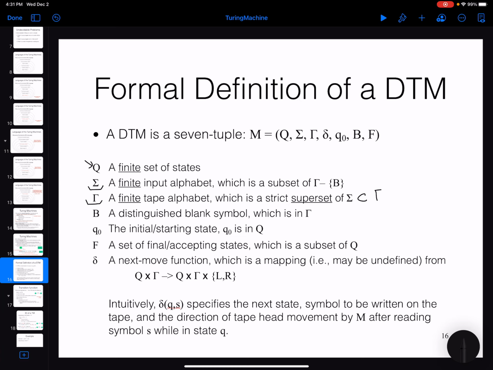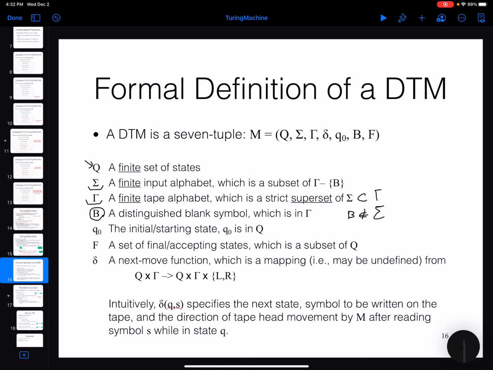And one symbol of gamma is called B. This is the blank symbol, and it cannot be a part of the input alphabet, because B is going to represent where the input ends.